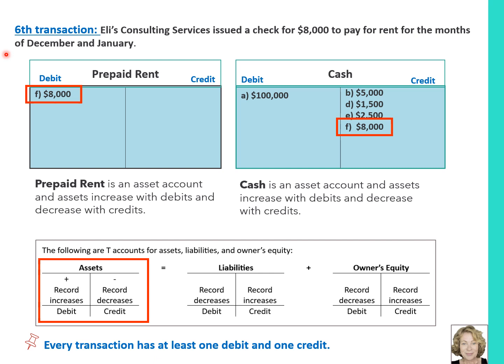So we need to debit prepaid rent, because our asset prepaid rent increases and assets increase with debits. And just like we did in prior transactions when Eli's Consulting issued a check, we need to decrease our cash account, because cash is an asset and assets decrease with credits. Therefore, we'll credit the cash account for $8,000.